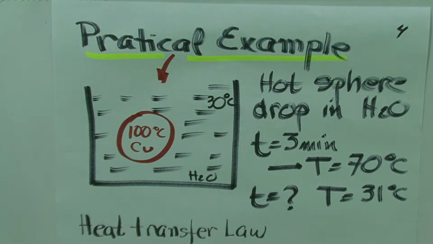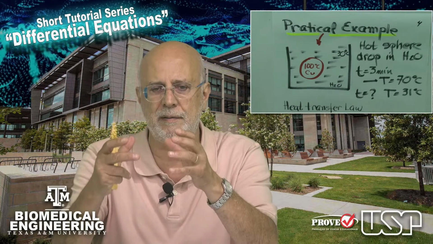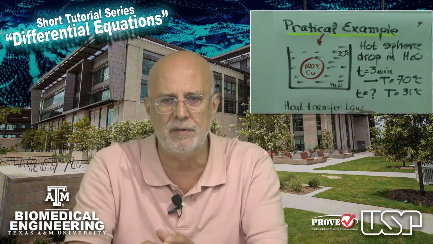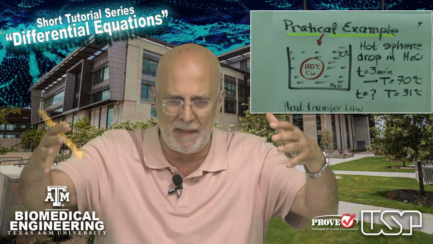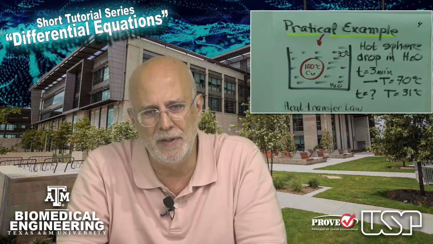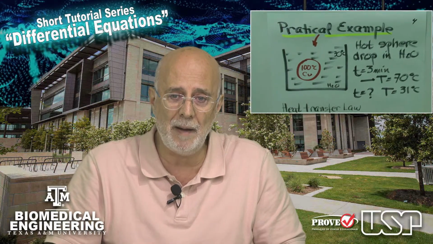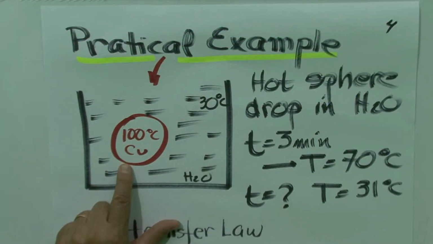Everybody has already made the experiment of cooling down some hot object by throwing it in water, in a bath, in a tank. And that's what I'm going to do in this practical example. I'm going to get a sphere of copper. Why copper?